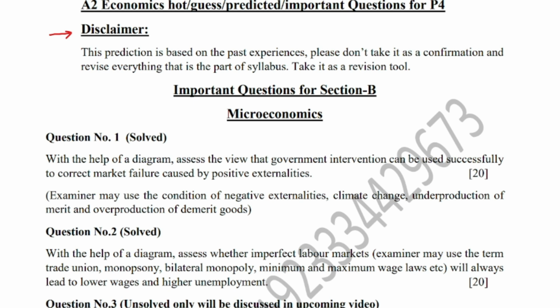Okay, so first of all, I'll also make another video in which I'll explain the answers of all other questions as well, right? There are basically questions given here but their solution is not available, so I'll make another video and I'll explain to you how to answer those questions. So if you are interested to know the answers, then definitely keep watching this channel.